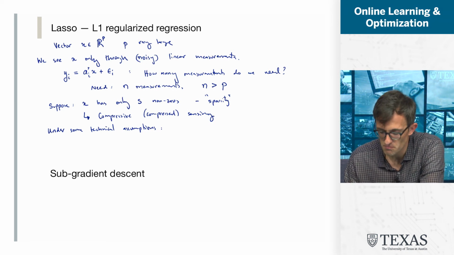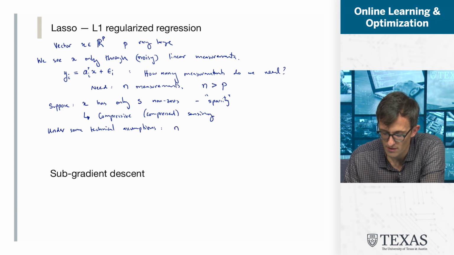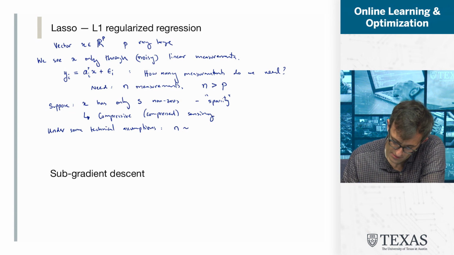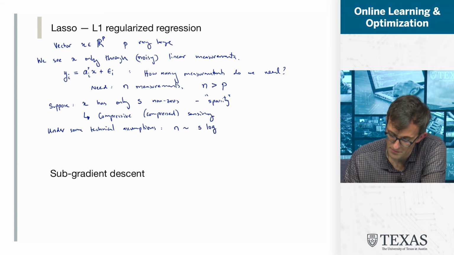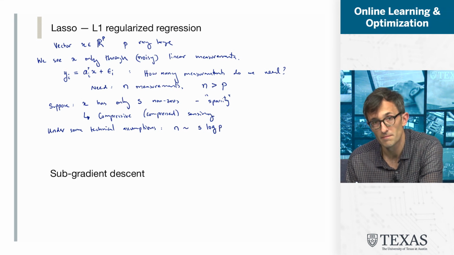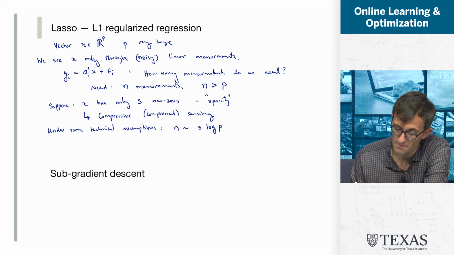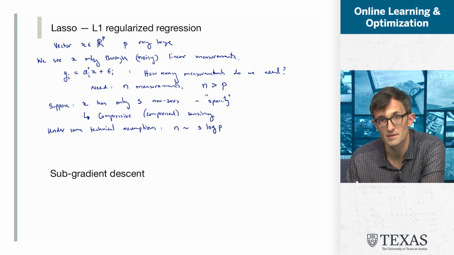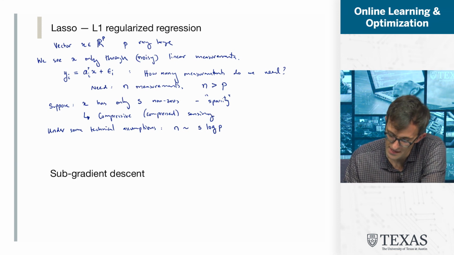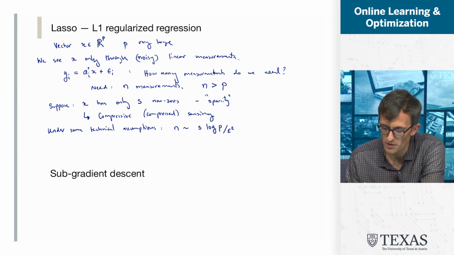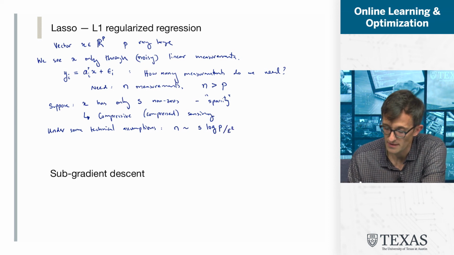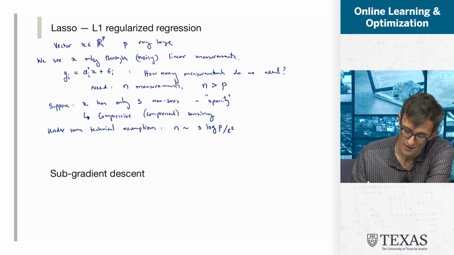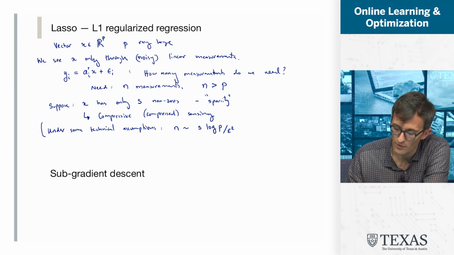If n is something like the sparsity times the logarithm of p, again with some constants, then this is plenty. In fact, if it's this divided by epsilon squared, then this is enough to get error epsilon. But again, this is not what this class is about.